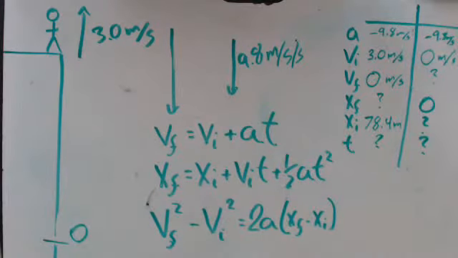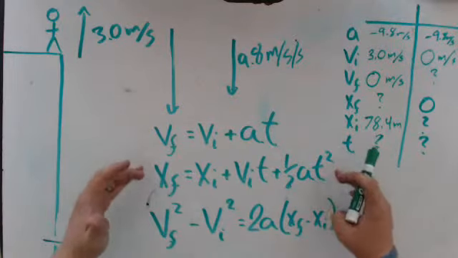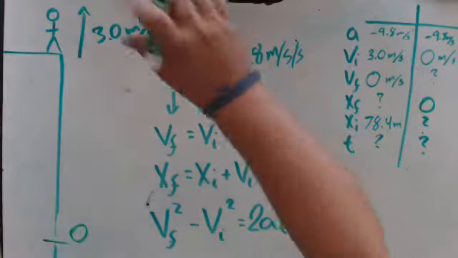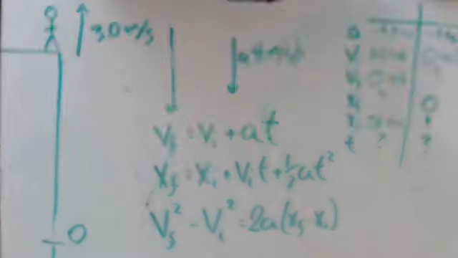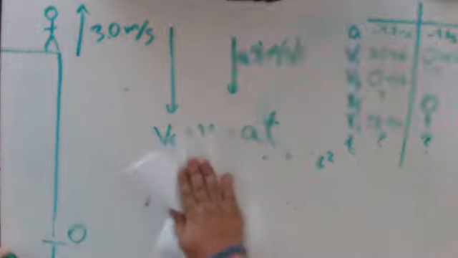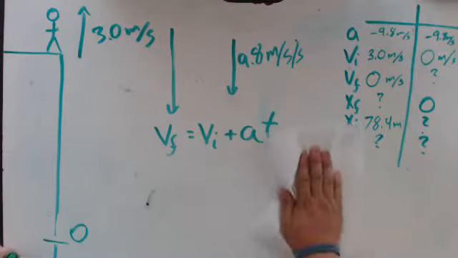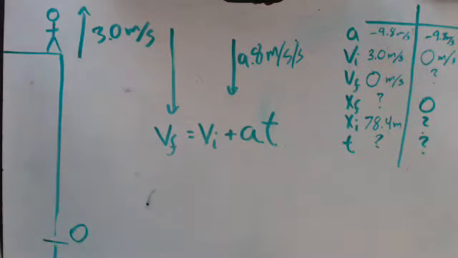Okay, cool. So the first thing I'm going to do is solve for the important one. We're looking for time in our answer, so we're going to start with time, with this equation. I'm going to erase all the other equations and just start filling in numbers. We want to solve for time, so I'm going to move everything over.